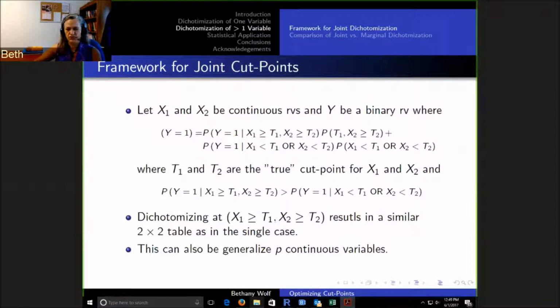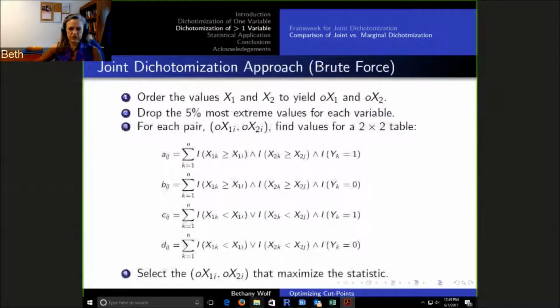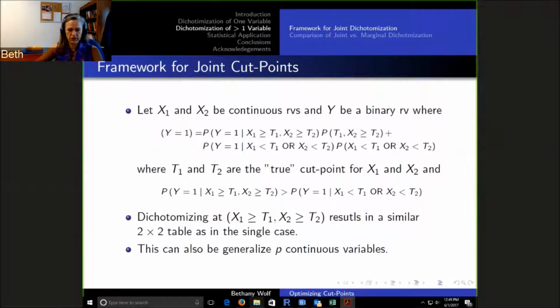And so this expression for the probability of y looks very similar to our original simulation scenario. It just involves now this combination of x1 and x2 having to be greater than T1 and T2. And so we're going to consider the same kind of things. Just as we did in the first scenario, we need to choose a best cut point, and so we have to consider a 2x2 table. Now this 2x2 table, which isn't shown here, is basically designed based on meeting this condition.